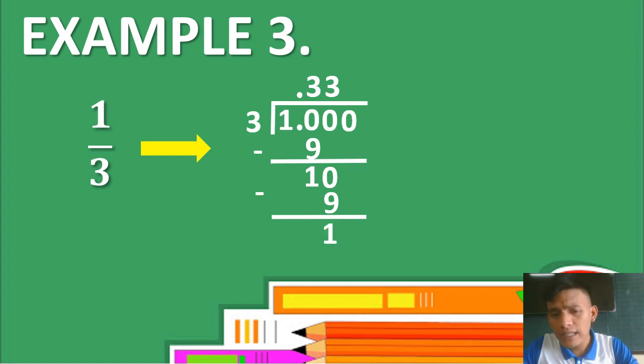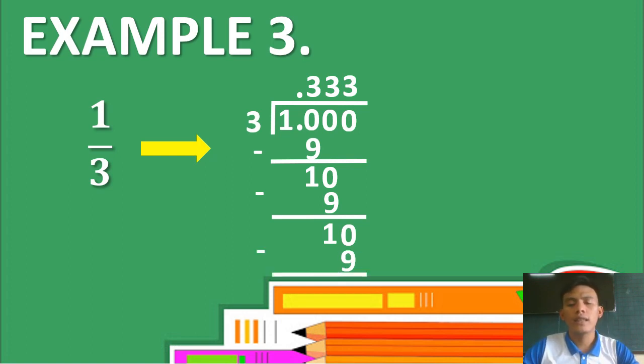Then we add 0 again because 1 is less than 3. 10 divided by 3 is 3, 3 times 3 is 9, 10 minus 9 is 1. As you can see, we are always repeating the steps, and we can stop there.